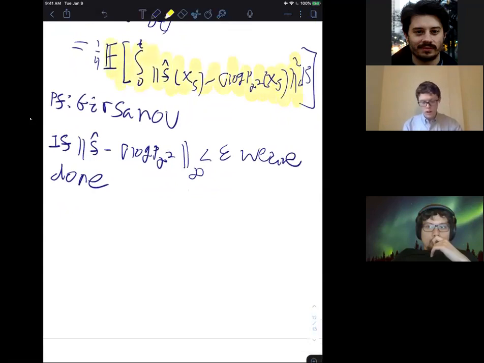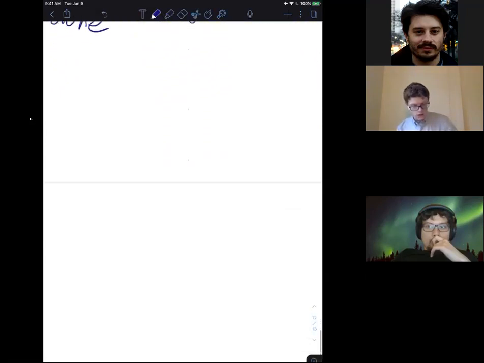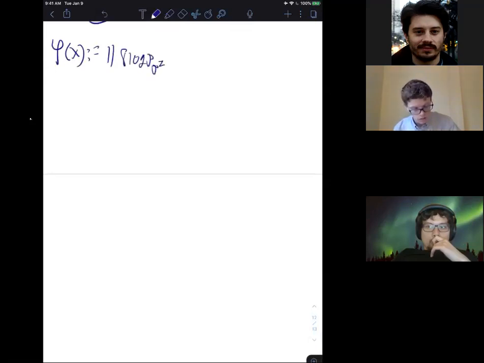And so here's where we're going to need to use some of the geometry. Let's give a quick sketch of the proof. First of all, for notational sake, let phi of x equal f hat of x minus del log p sigma squared of x, squared.